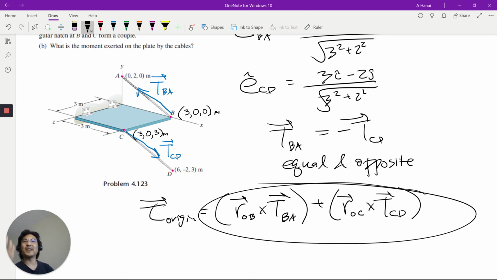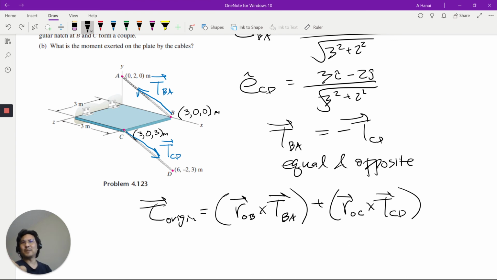And this is correct. But because you can compute torque due to a couple about any point you want, what if you did it about point B instead? Then the torque from B to here is just 0. So you would really only need to compute from B to C cross this, and then you're done.